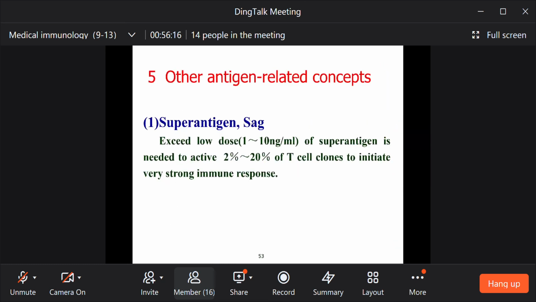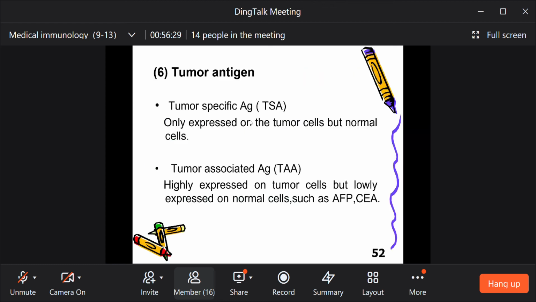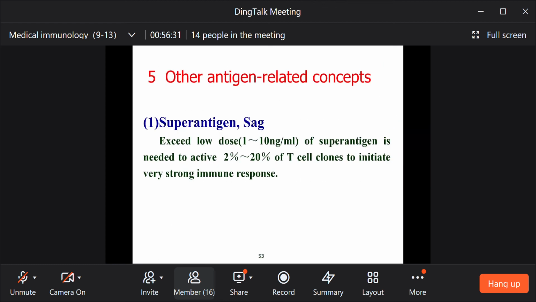Okay, another antigen-related concept is the superantigen. A very low dose of superantigen can activate 2% to 20% of the T cell clones to initiate a very strong immune response.